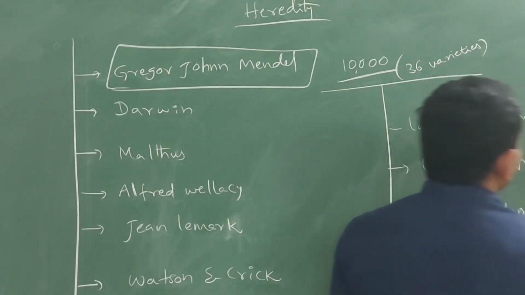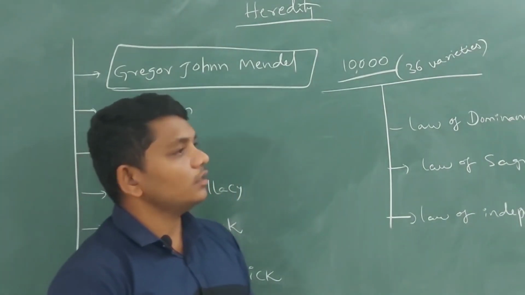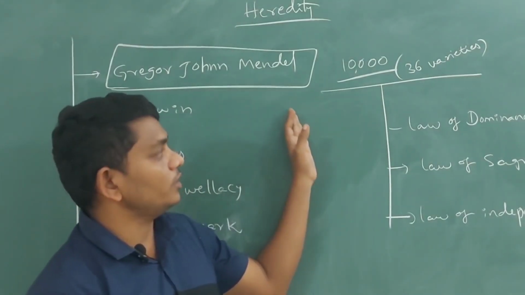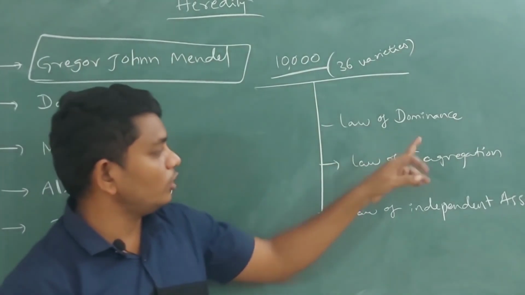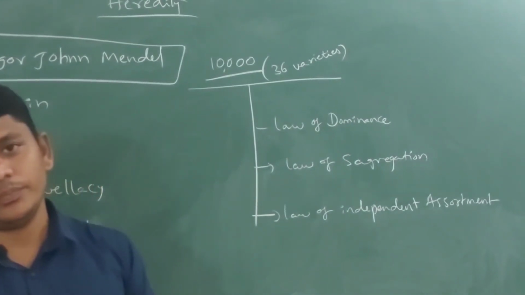These are the three laws mentioned by Gregor John Mendel. He had concluded three laws: law of dominance, law of segregation, law of independent assortment.